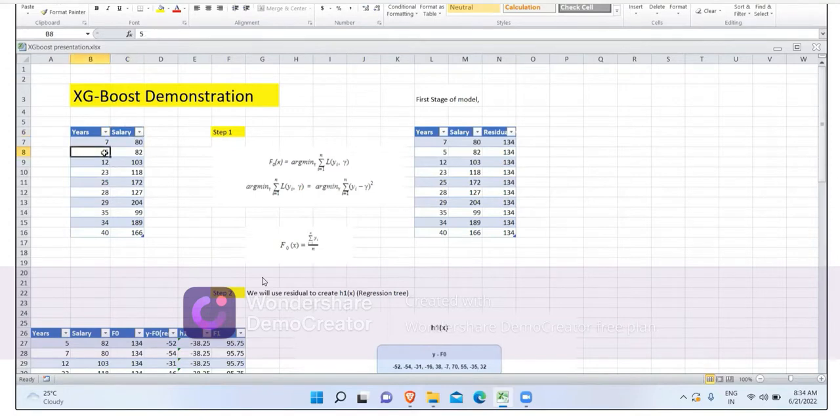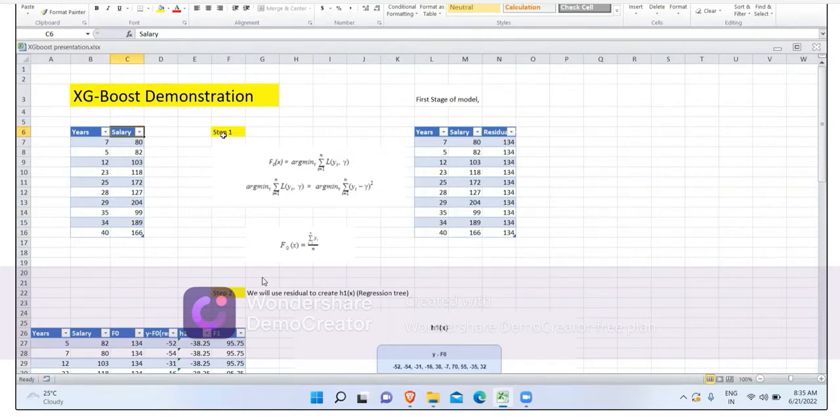So for 5 years of experience, the employee salary is like this. So I've taken the data over here, and using regression trees as a base learner, we can create an ensemble model to predict the salary. For the sake of simplicity, we can choose the square loss as our loss function, and our objective would be to minimize the square error from this model.